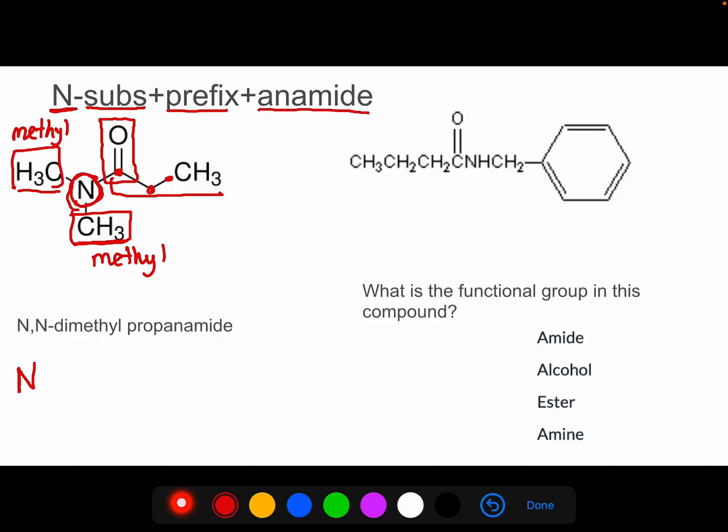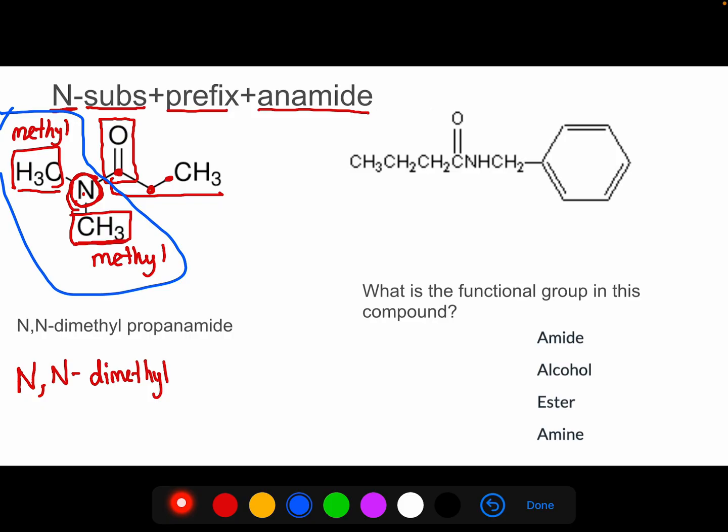N has a methyl, N has another methyl. I can say N-methyl because there are two of them, or I can say N,N-dimethyl. Okay, now we name this part. We're done with this part. And now the remaining part, we're going to count the carbons, 3 carbons, propane, amide.